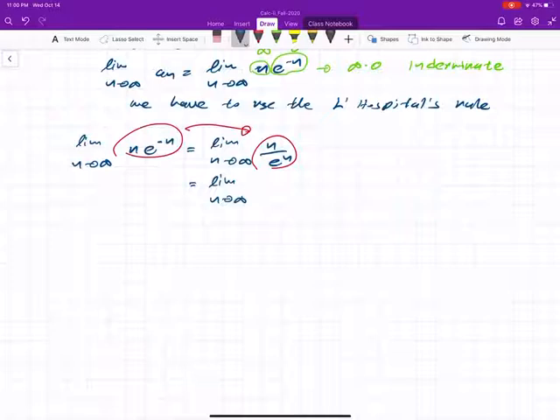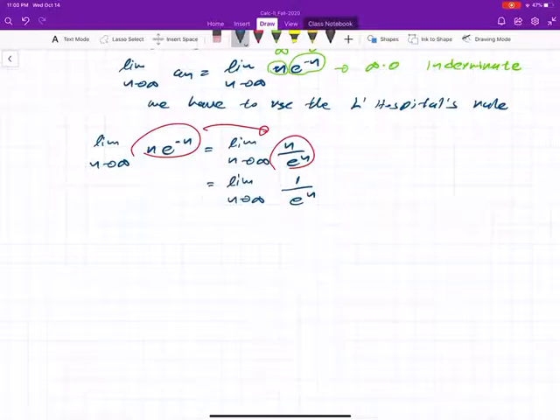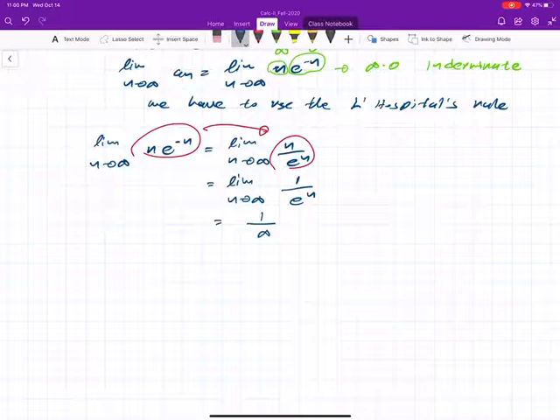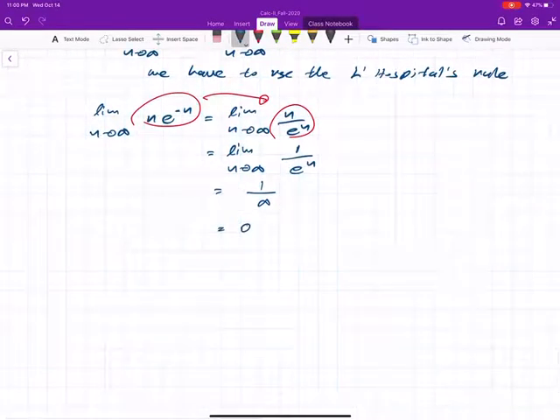The derivative of n is just 1. The derivative of e to the power n is just e to the power n. Those are the derivatives. Now you get the limit. That is 1 over e to the power infinity, which is 1 over infinity, which is 0.